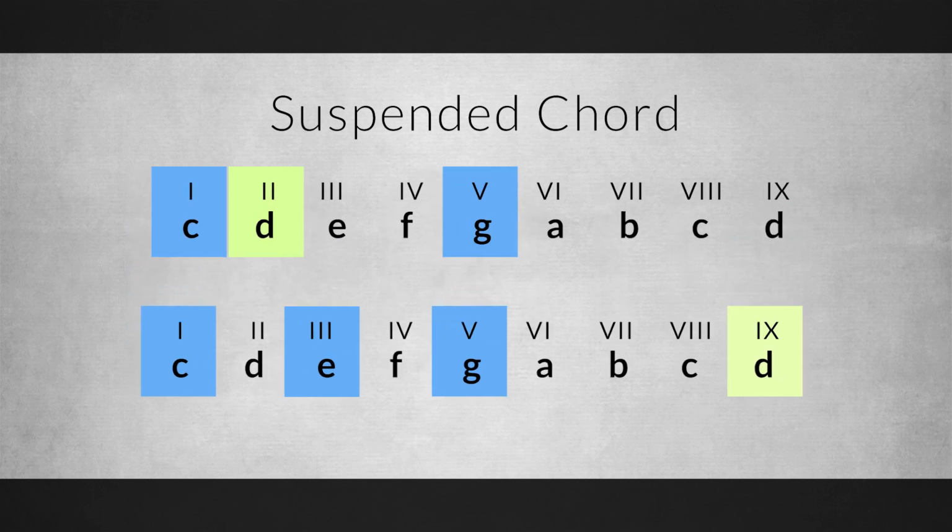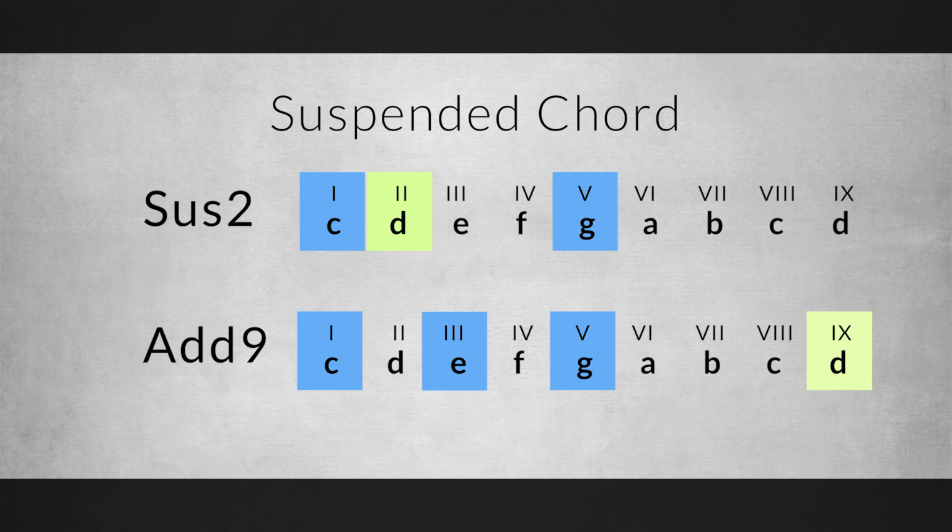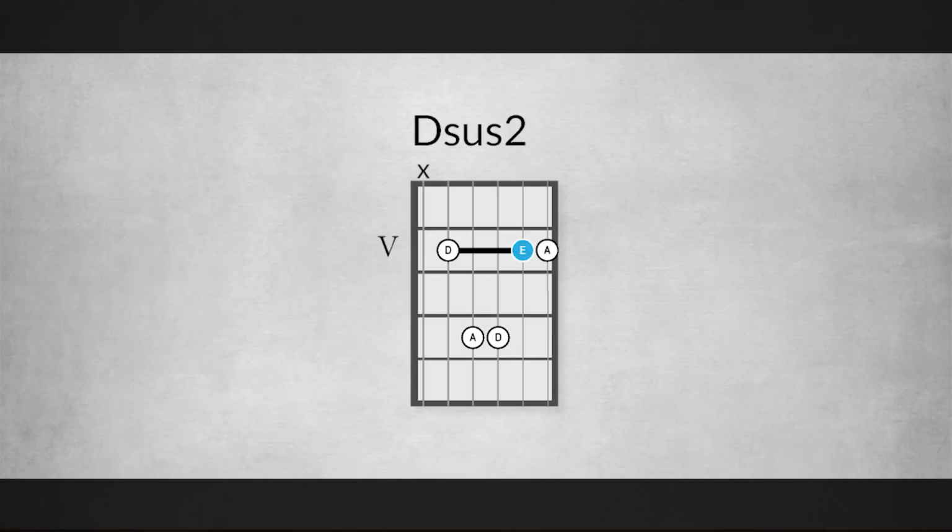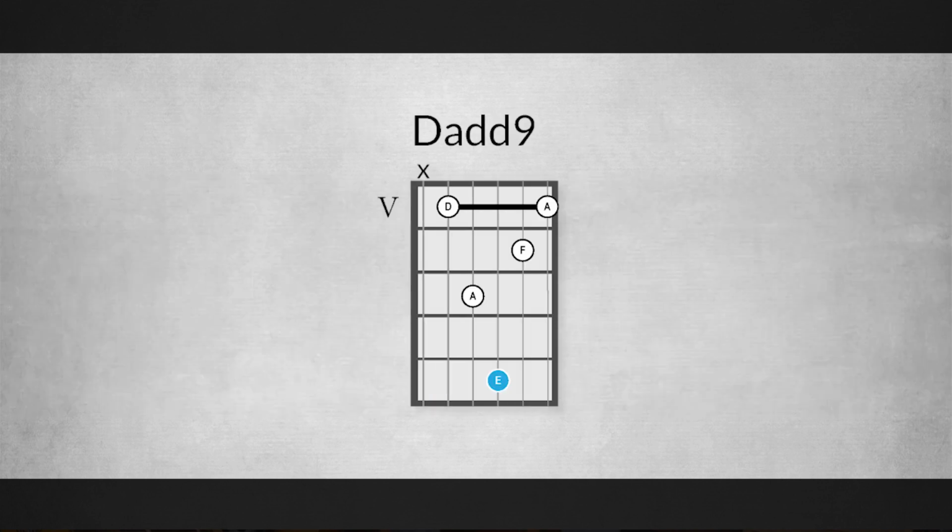So both chords do have the same color note, but suspended chords do not have a quality property, and so they are neither major nor minor. Added 9 chords, however, do have a major or minor quality. Now this is how the suspended 2 chord sounds. And this is how the added 9 chord sounds. So that's the difference between the suspended 2 and added 9 chords.